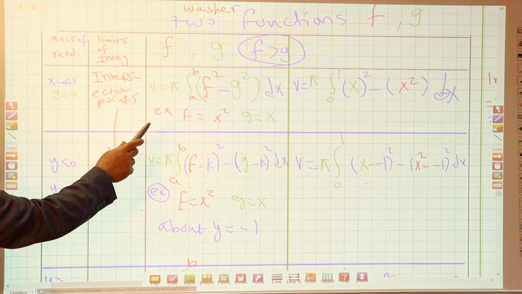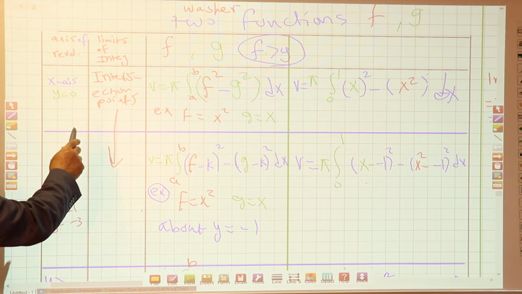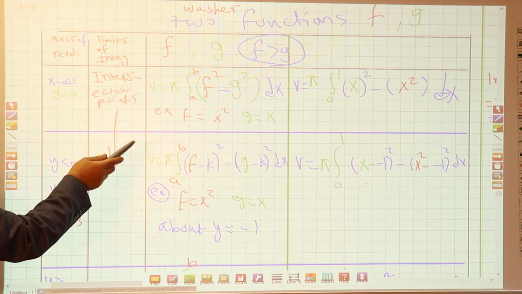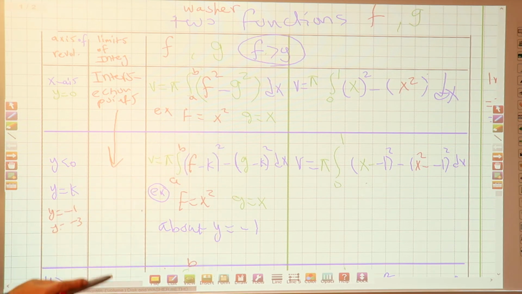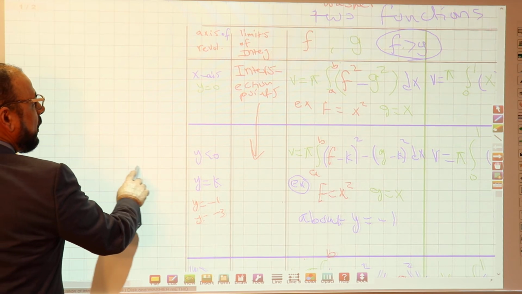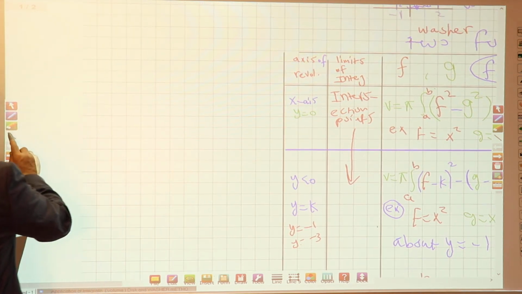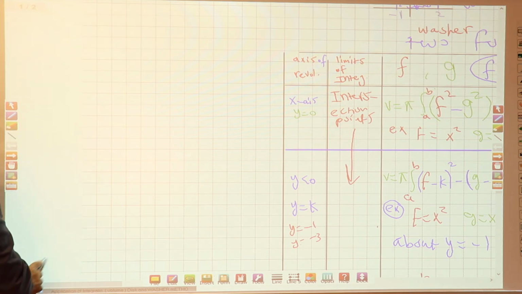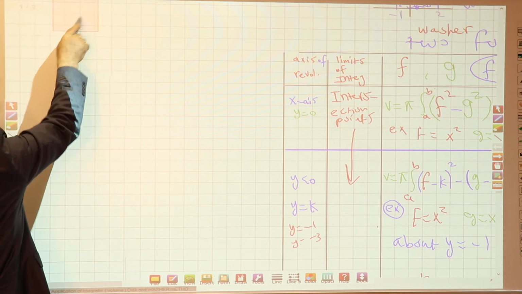Now we have two functions here, one of them x and the other x squared. We need to revolve the area between these two functions, x squared and x, about the x-axis. I'm going to show you about the y-axis the same, for the same functions. Look here.